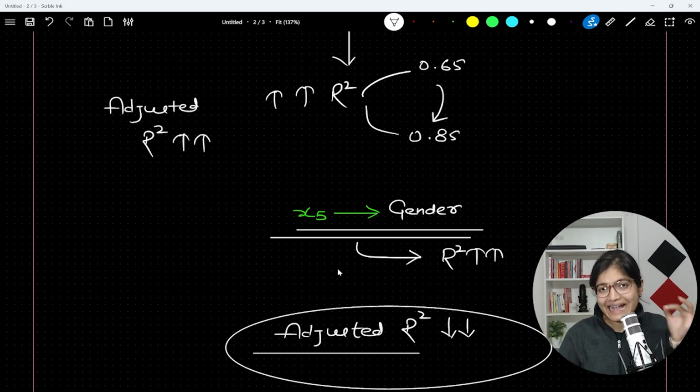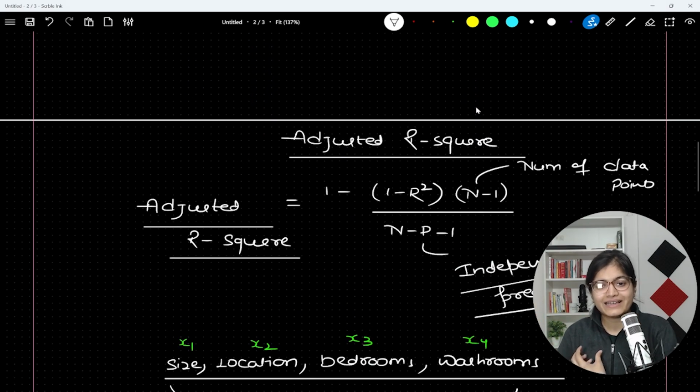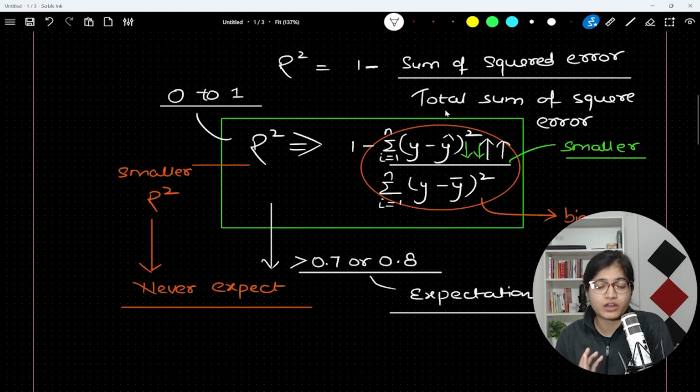So at any point of time, if in a given data set you have a few features which you think are not valuable enough to participate in the prediction of something, for example house price, then adjusted R square is a better metric compared to the normal R square.